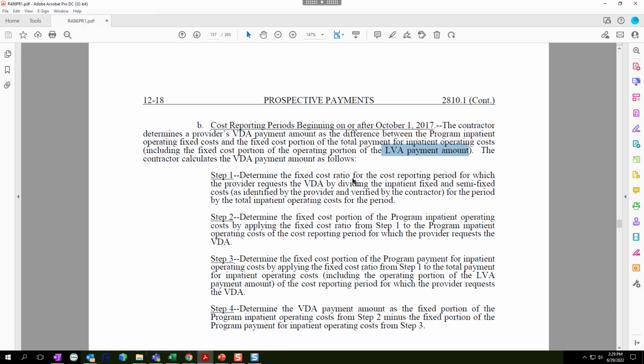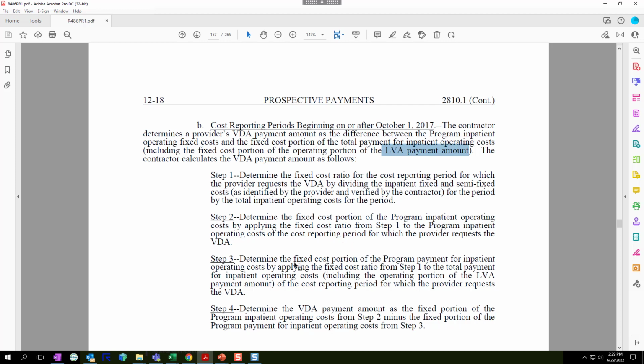So that's the point. We're trying to get a fixed cost ratio based on your total costs, and then that fixed cost ratio is going to be used for both steps 2 and 3 to determine how much of the Medicare costs that have already been determined through the cost apportionment on the cost report, what percentage of those or how much of them are related to fixed cost.